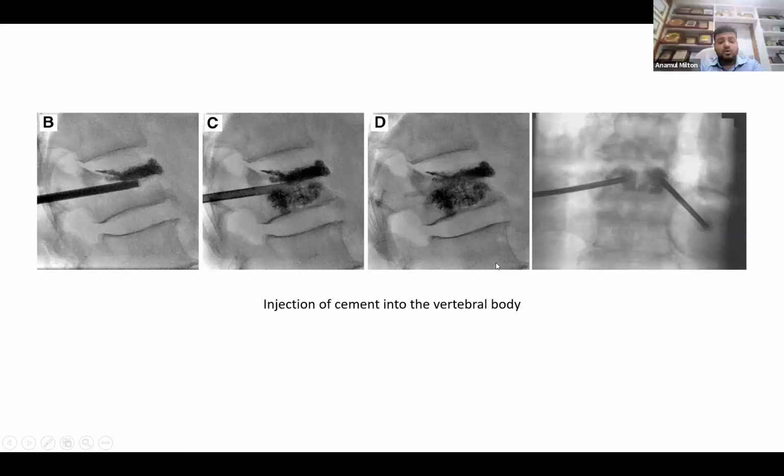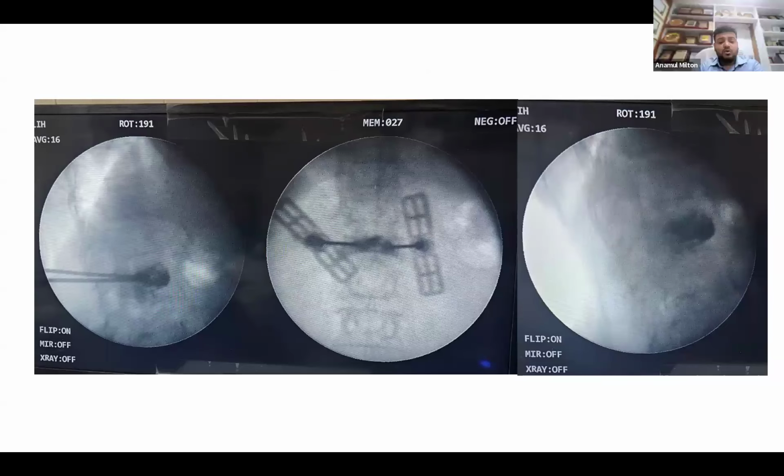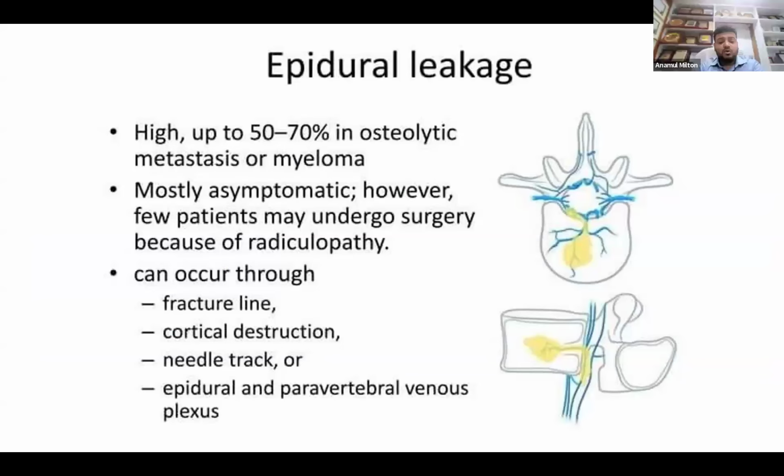So here we can see how much filling there is. After that, we can see in the AP, and if it is satisfactory, then you can stop. So here you can see multiple pictures. Epidural leakage happens in almost 50 to 70% of cases, but if it is very little, there is not so much problem.